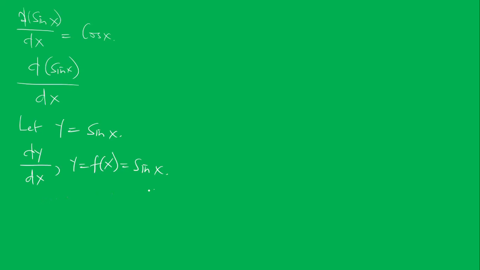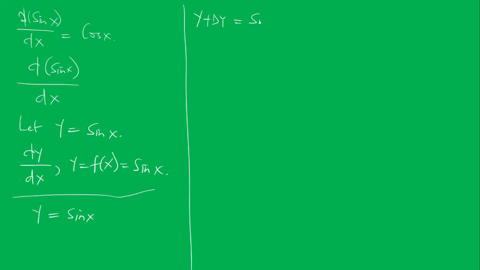So now let's begin our derivative, having assumed that our y is equal to sine x. Now, let's say you have an infinitesimal change in y added to this y, you will now have the sine function of x plus a little change in x.